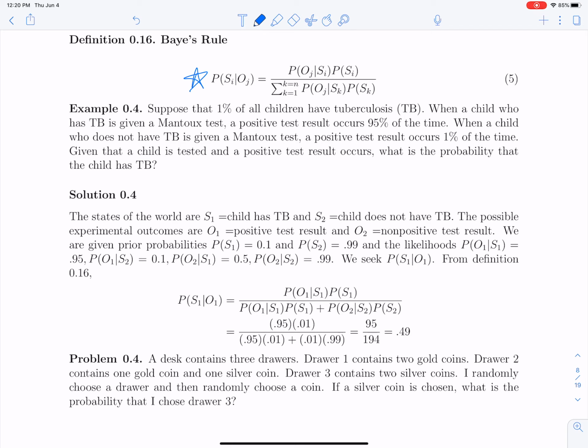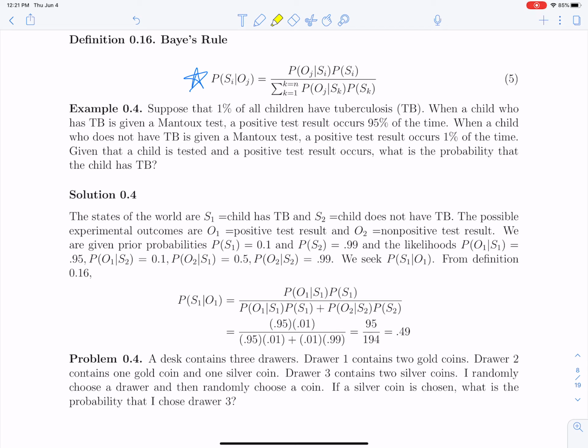So suppose that 1% of all children have tuberculosis, or TB, as we'll refer to it. When a child who has TB is given a Mantoux test, a positive test result occurs 95% of the time. A lot of times, like I said above, we are dealing with stuff that we already have data for and already have tested, and we're usually taking this and trying to predict something else.